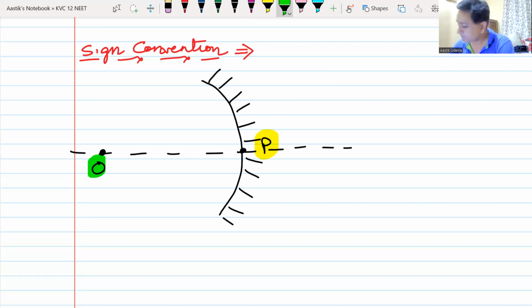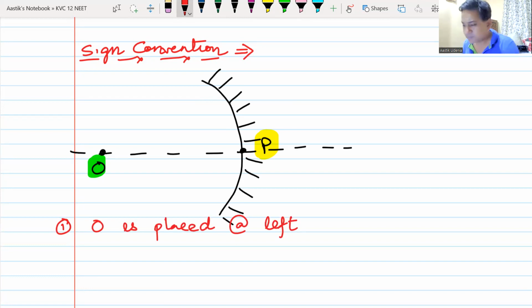Number one, we have already seen, the object is normally placed at the left of the mirror. So we just write it like this: the object is normally placed on the left hand side.